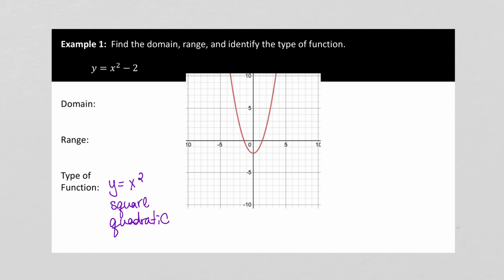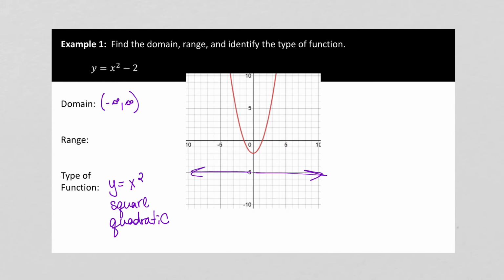Okay, what's the domain? Well, the domain of a quadratic is always negative infinity to infinity. We find domain by looking at the x values. And so this thing's going to keep going out to the left forever and out to the right forever. So the domain is negative infinity to infinity.